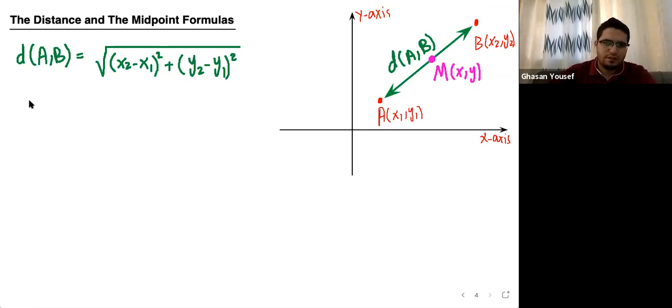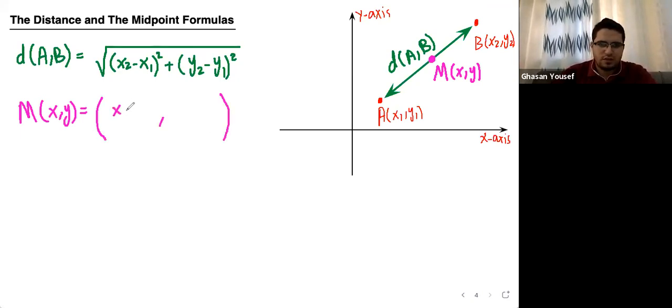So the midpoint M formula, x comma y, equals open parentheses, x1 plus x2 over 2, and y1 plus y2 over 2.